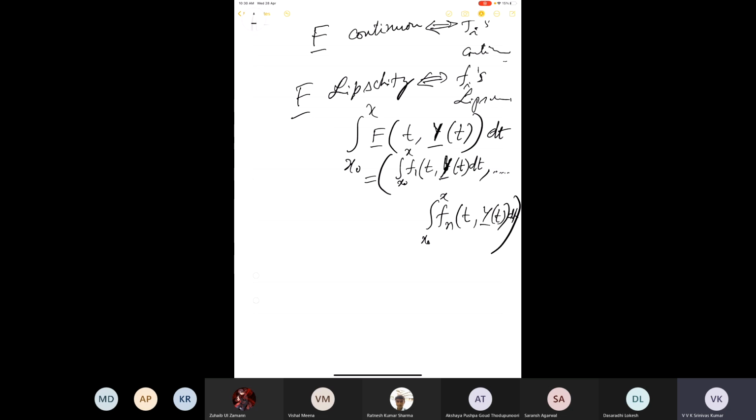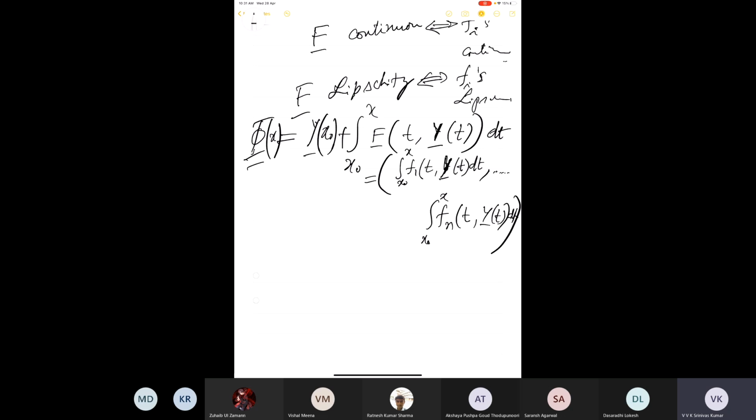Then we can define y as our solution. All these details we have to work out, that exactly the scalar case can be generalized to the vector case.